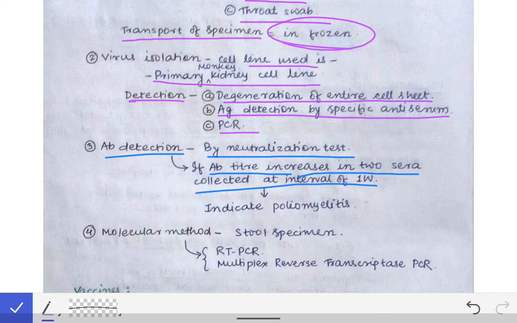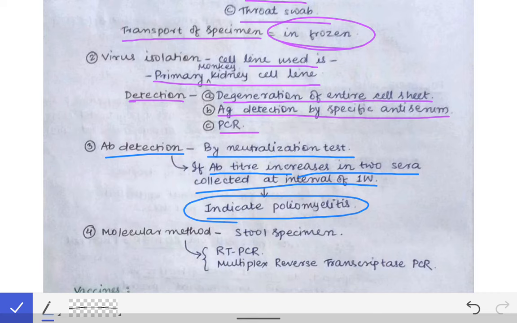So we collect two samples of blood at an interval of 1 week, and if we see that the antibody in the second sample of blood is in excess to that of the first sample, then this indicates poliomyelitis. If the antibodies against the poliovirus have increased from the first sample to the second sample, that indicates poliovirus infection. So increase in the antibody titer indicates poliomyelitis.